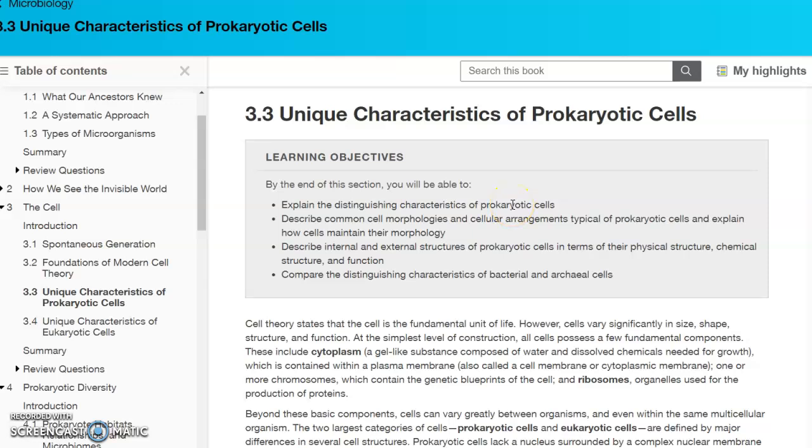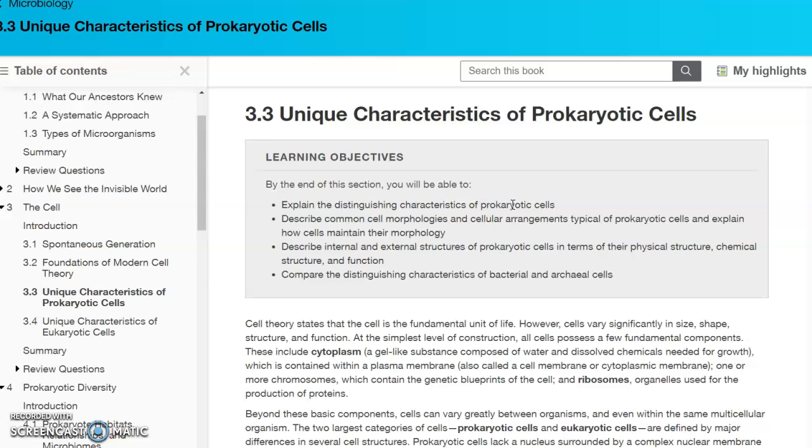In this lecture, we will take a closer look at the prokaryotic cells. Remember that the main thing that sets prokaryotes apart from eukaryotes is their lack of a nucleus. They still have DNA, still have that genetic material, but it's not confined within a separate membrane-bound structure.